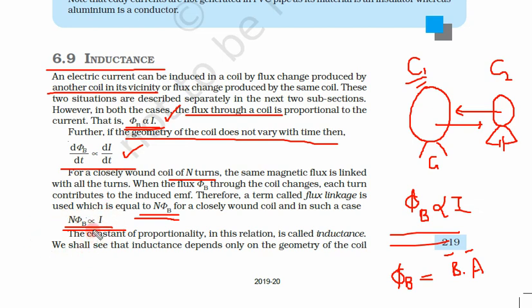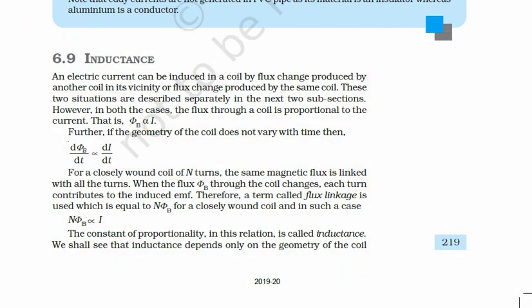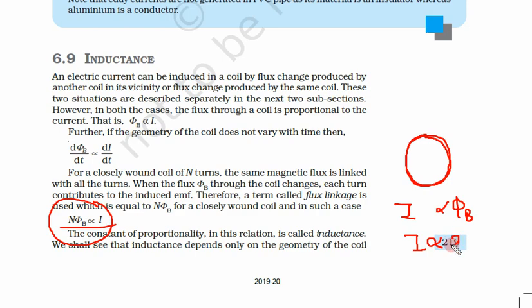So we simply put n here because now there is not a single turn but n turns in the coil. Suppose 2, so the current will be double, because the flux change with a single turn was phi b and now the flux change is double.